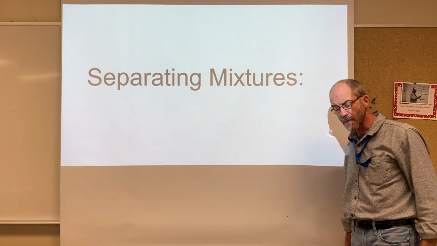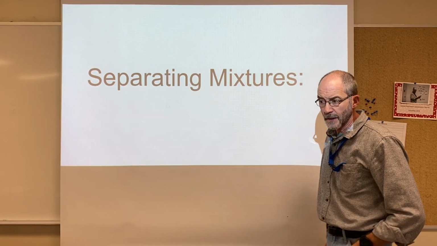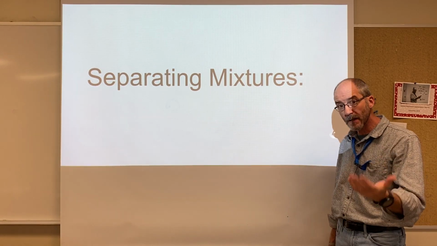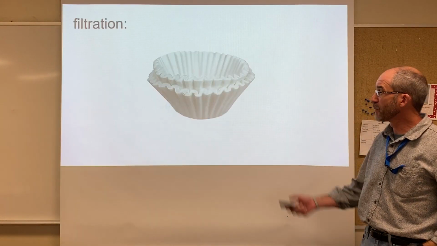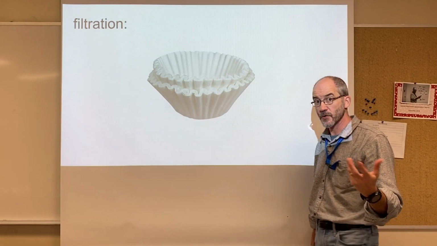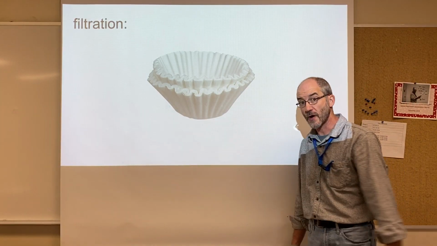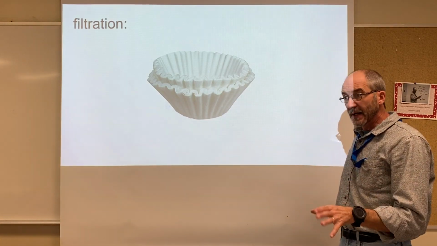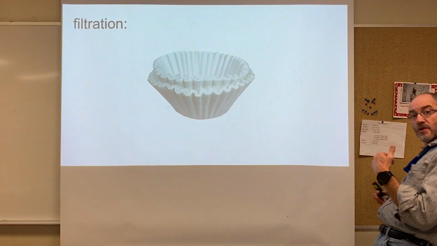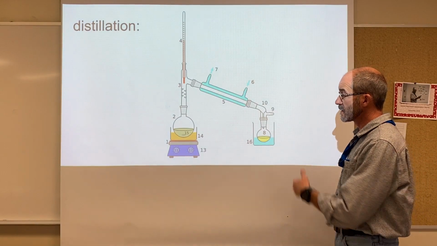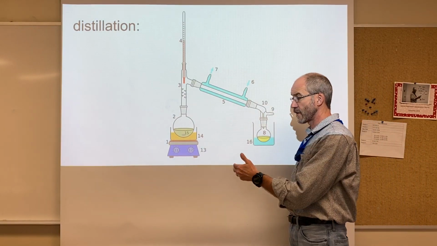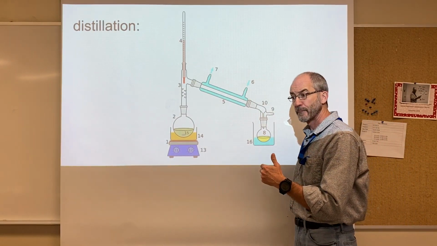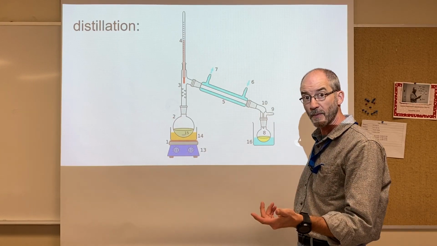Now I'm going to close with an idea. You can separate mixtures. It might be as simple as something very physical, like a filtration, just a simple filtering. But going back to when we mentioned distilled water a while ago, distilled water is very cool because we use a physical property.